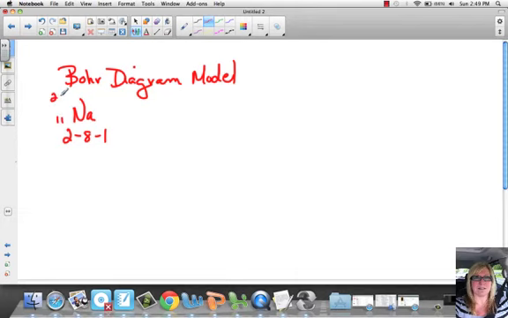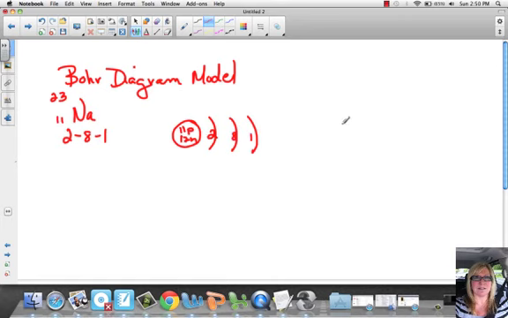I think it has a mass of 23. Okay. So if I'm drawing a Bohr diagram, I have my nucleus. So I'm going to put 11 protons. 23 minus 11 is 12 neutrons. Take the atomic mass minus the atomic number, get the number of neutrons. 2-8-1 tells us that it has 3 principal energy levels. And it's got 2 in the first, 8 in the second, and 1 in the third.